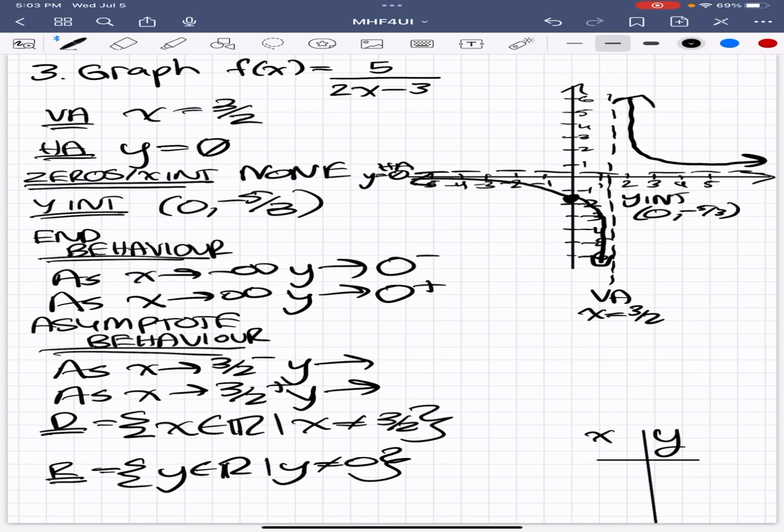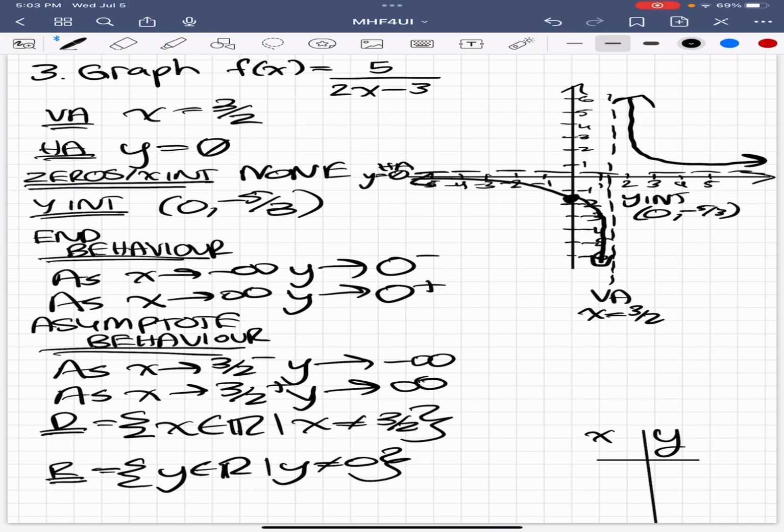As the graph approaches the VA from the values below, y goes to negative infinity. As the graph approaches the VA from values more than the VA, our graph approaches infinity.